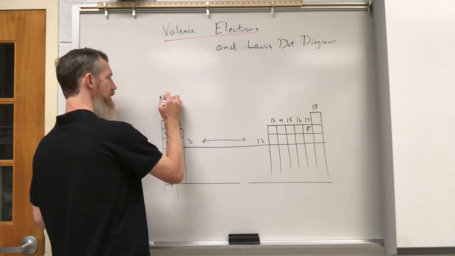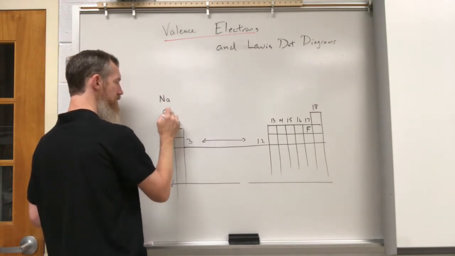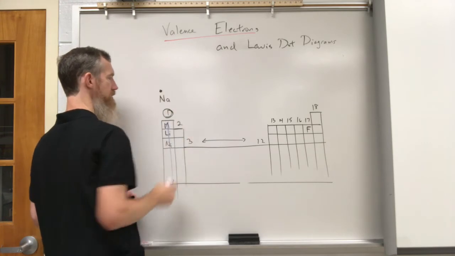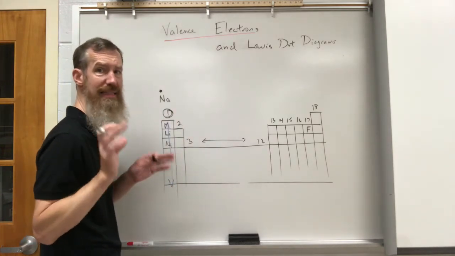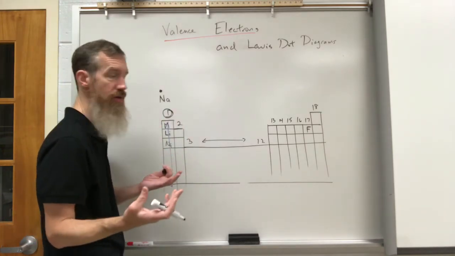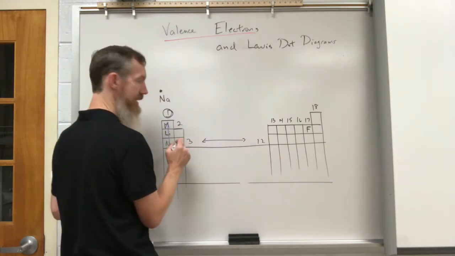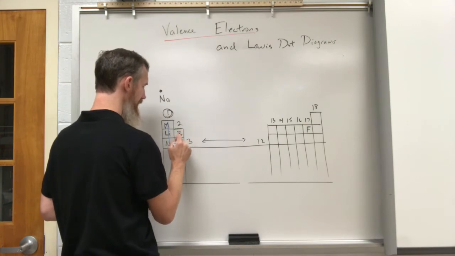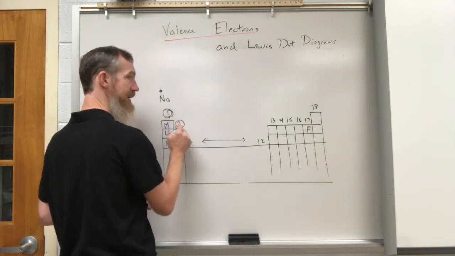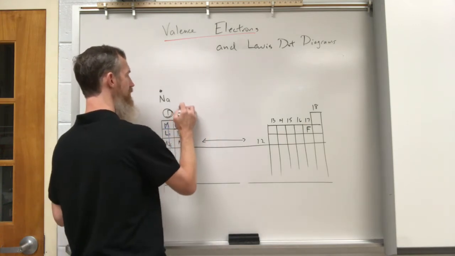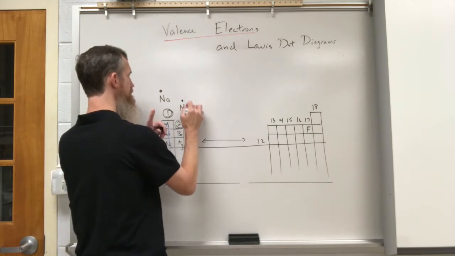Any element here, because it's in the first column, has only 1 dot. Again, we'll explain why later, but just want to show you right now so it's kicking around in your head. The second column, where we have beryllium, magnesium, and so forth, we have 2 dots.